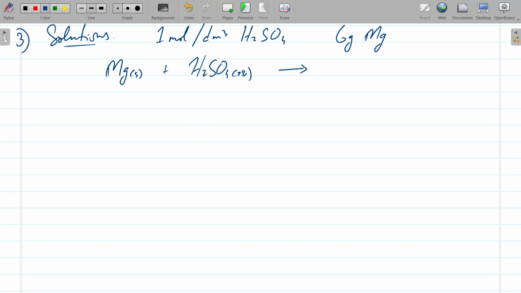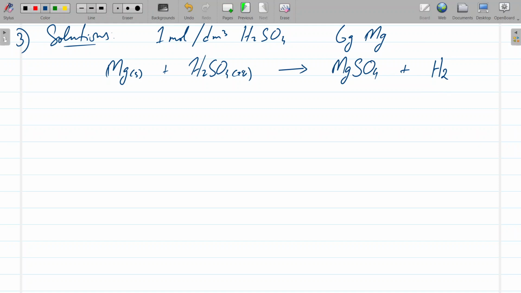MgSO4. So we're getting a salt, magnesium sulfate. What else? Not just H, H2, hydrogen gas.